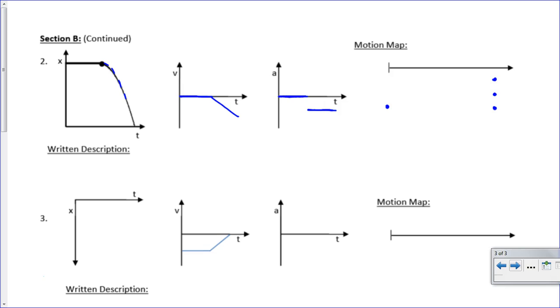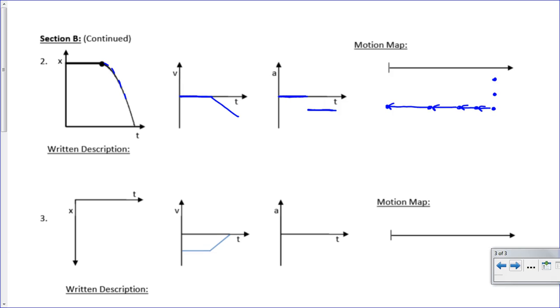I'll draw my ending point first, and then I'm going to draw them back here, getting a little bit shorter each time. Well, I'm going to start that first one off really long. All right, and then we're going to get shorter, and then shorter, and then shorter. All right, and so it looks like this.